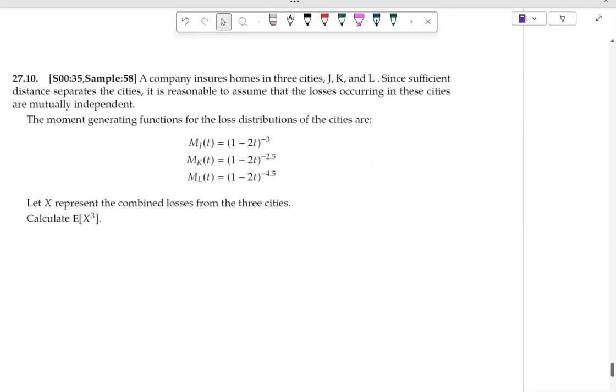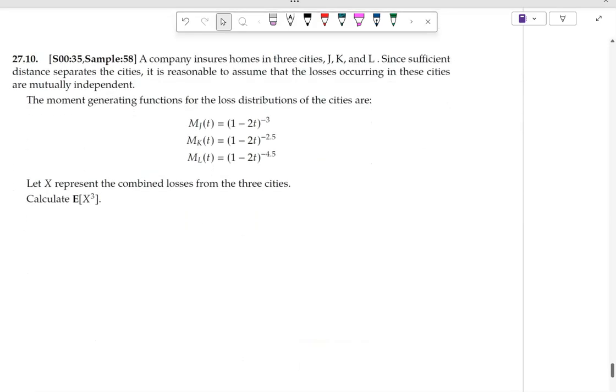So just to remind. What's next? This is a nice little review for just what moment generating functions give you. Don't worry about the context. You've got 3 random variables and they tell you they're mutually independent. So if you want the combined losses or the sum of those 3 random variables, what do you do to the moment generating functions to get the moment generating function of the sum? Multiply them.